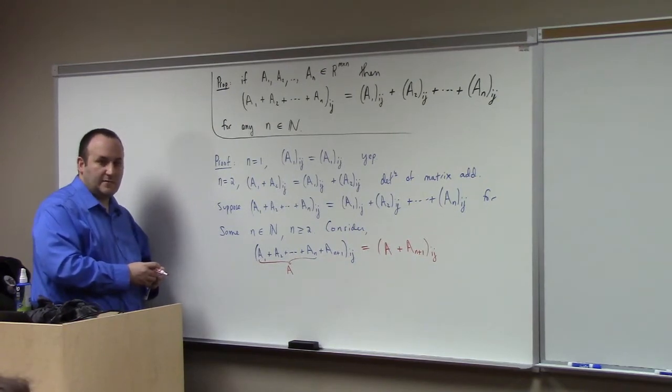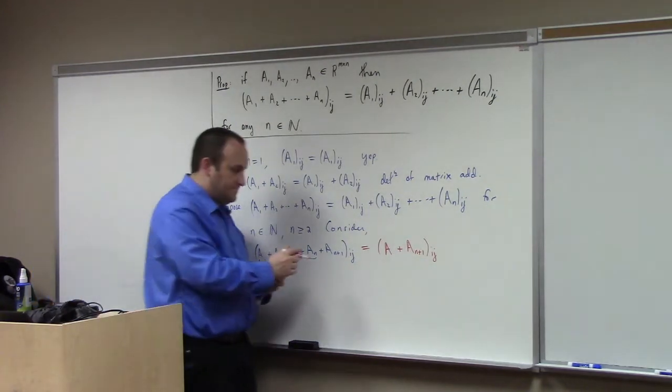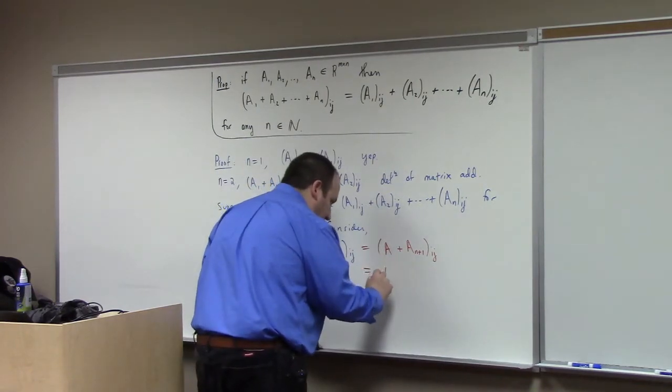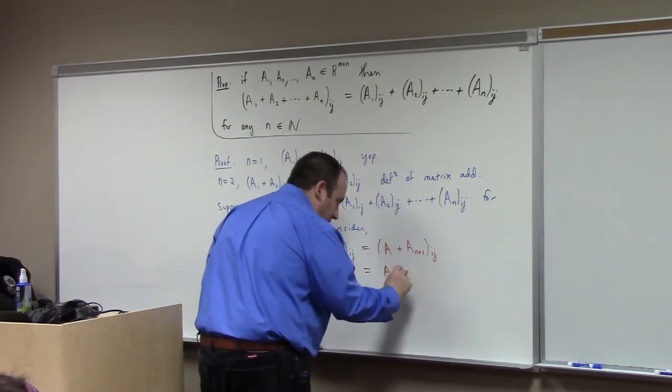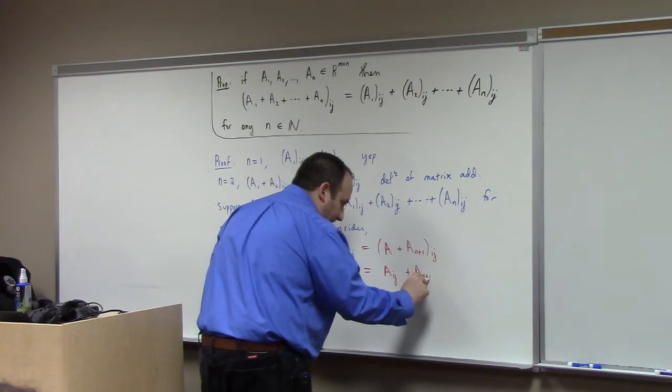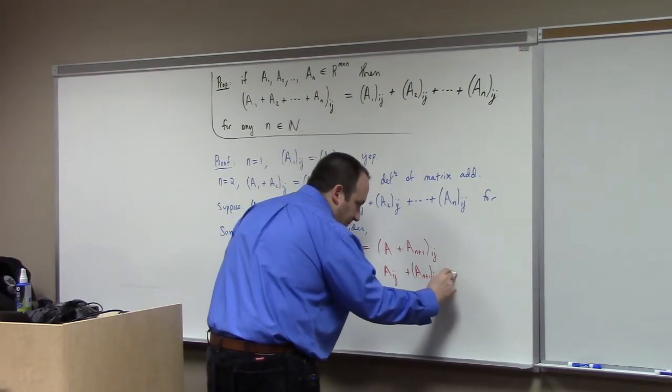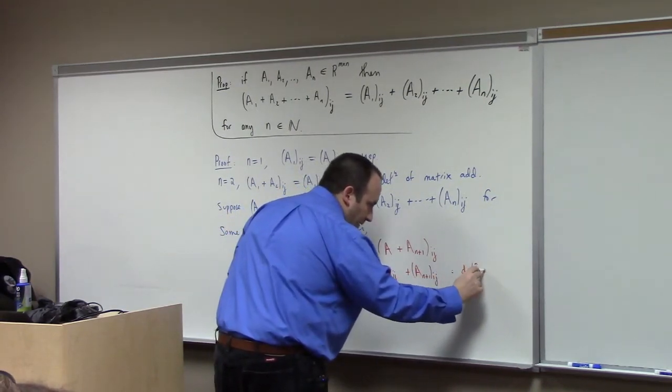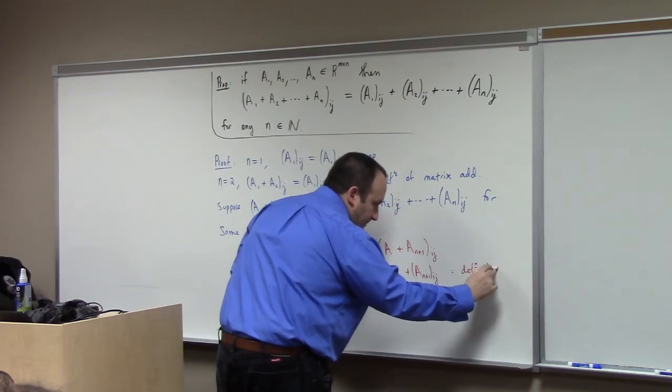Does that make sense? And then we can use the definition. This is A_ij + (A(N+1))_ij, using the definition of matrix addition.